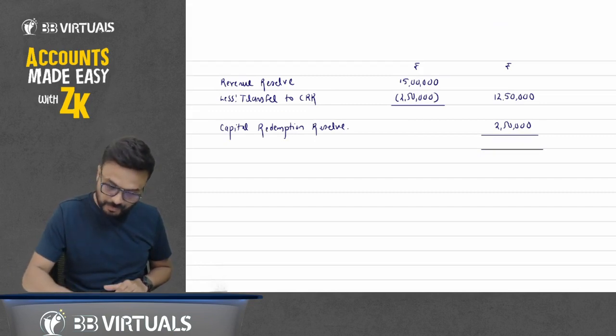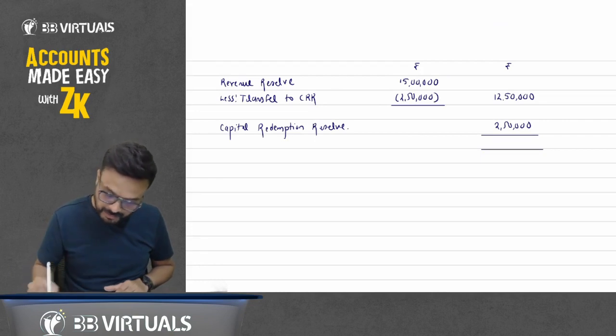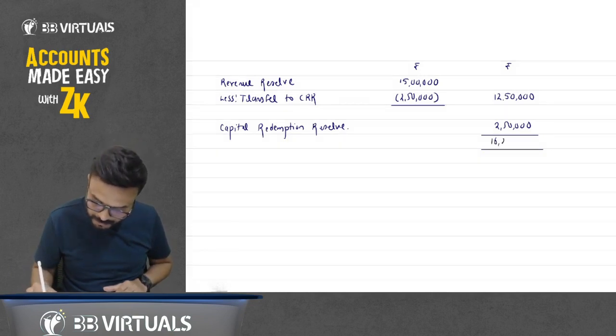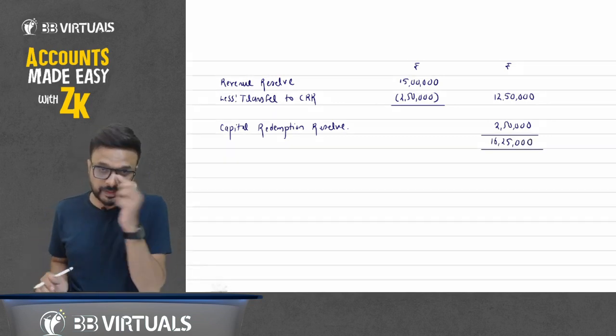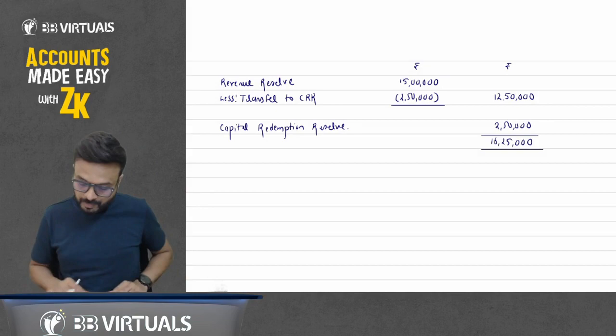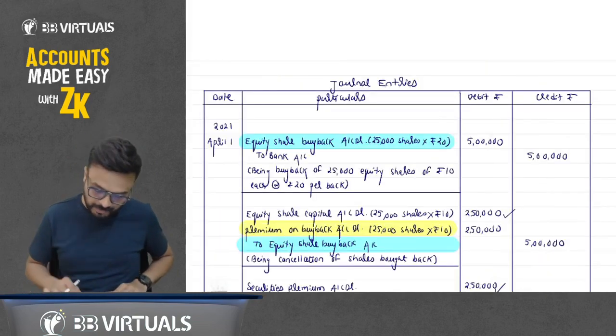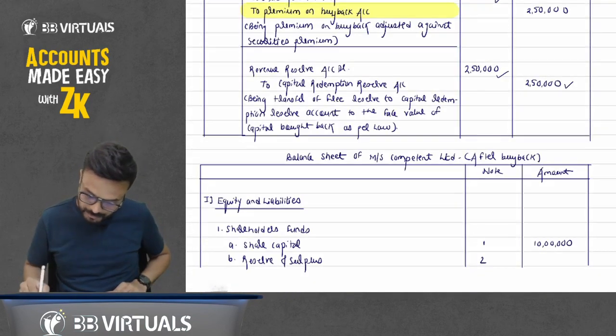So that is 16,25,000. Reserve and surplus is 16,25,000. So write down this 16,25,000 in balance sheet.